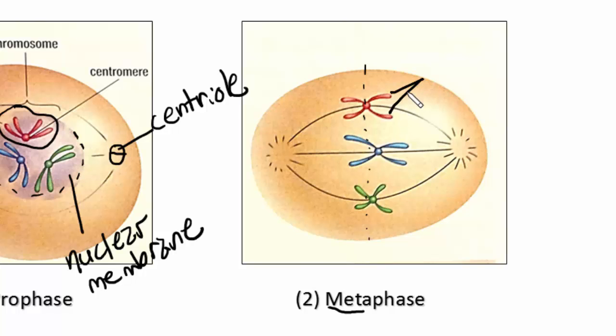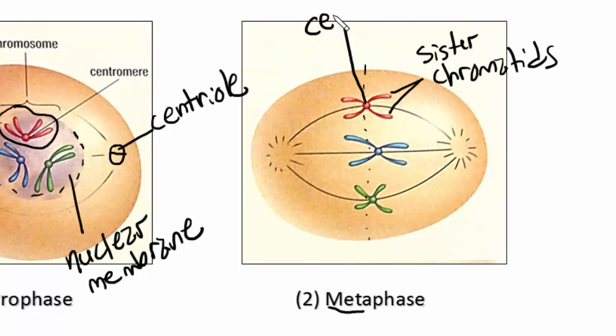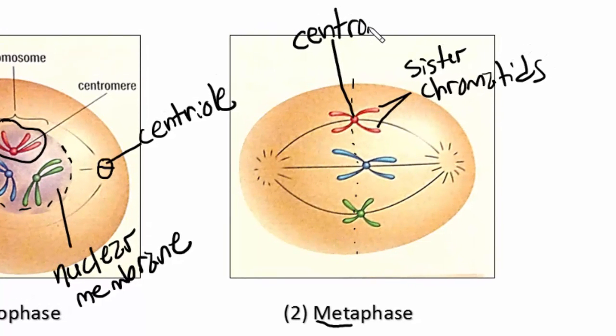So once again, these are sister chromatids. The sister chromatids are joined in the middle at the centromere, and they are lined up along the middle. Now, by the way, if we count how many chromosomes, there is one chromosome made of two sister chromatids.